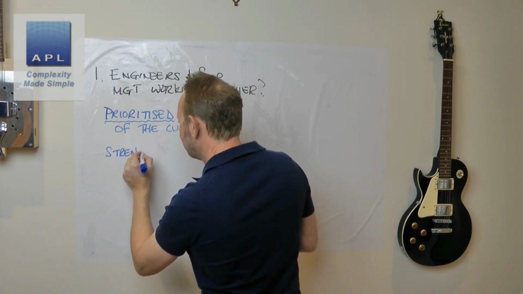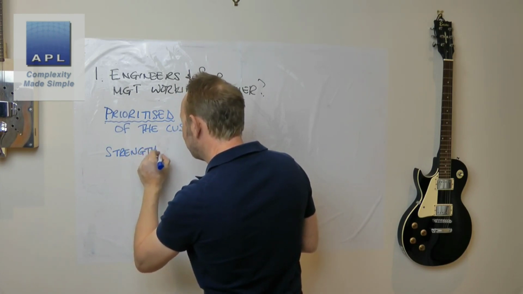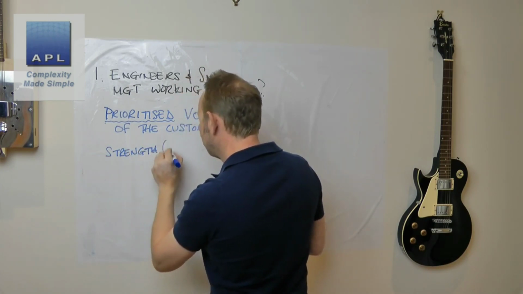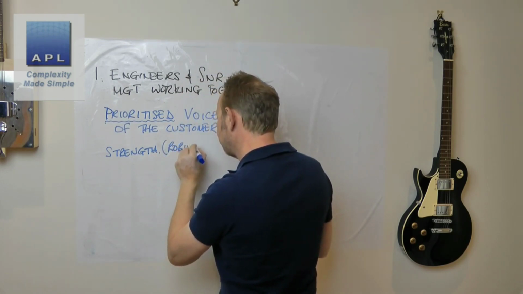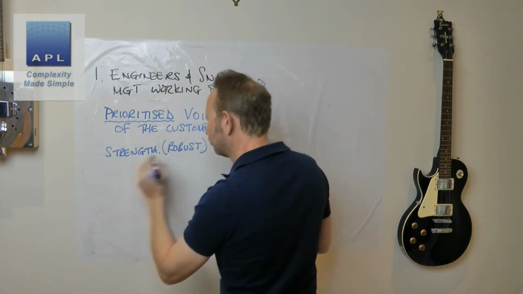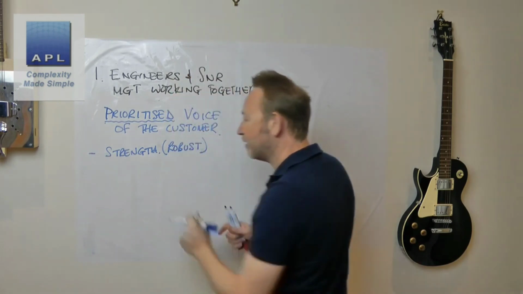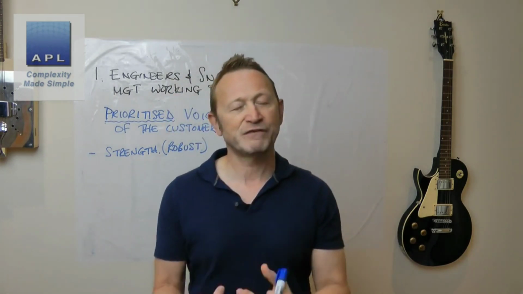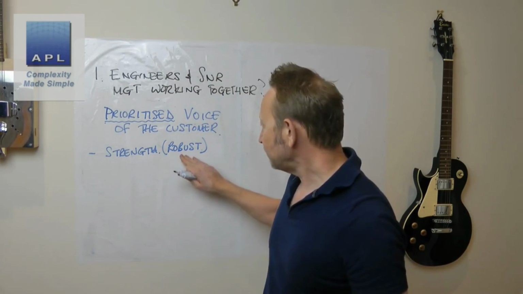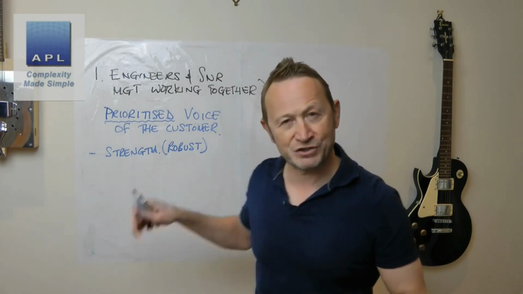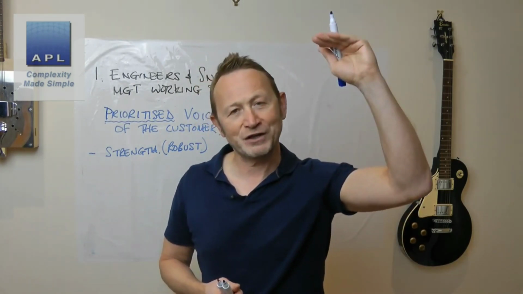So, the customer has decided that the product needs to be robust, and therefore the strength of a plastic moulding is very important, because robustness is very high on the customer's list.